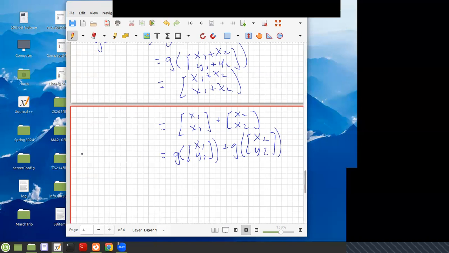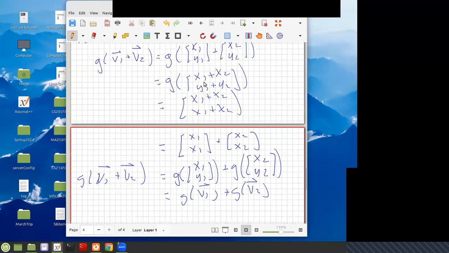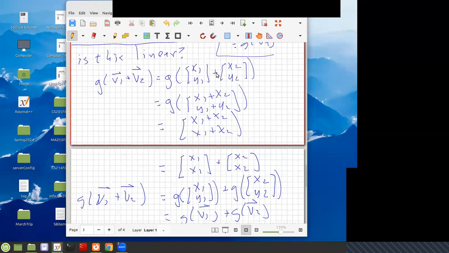So therefore, G of V1 plus V2 equals G of V1 plus G of V2. So you want to look through and see what the specific property is. In the domain we add vectors.